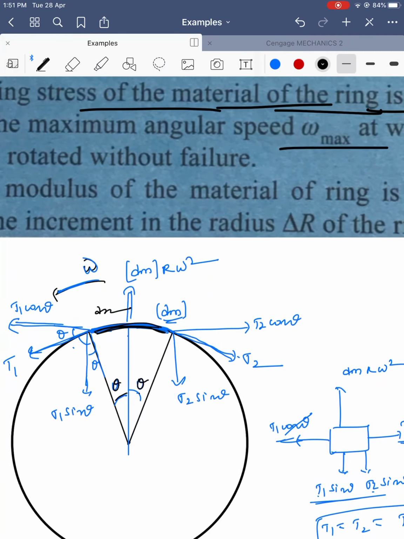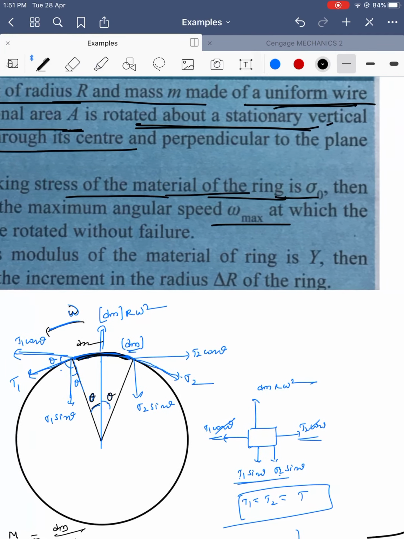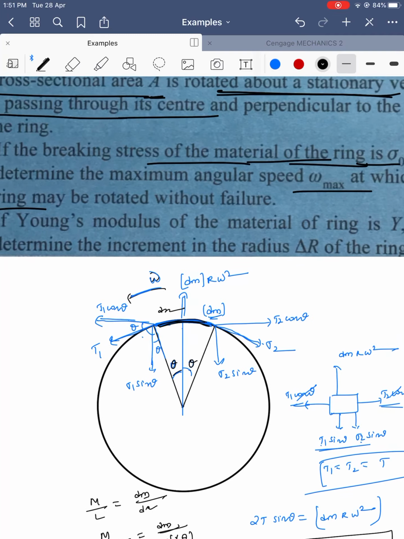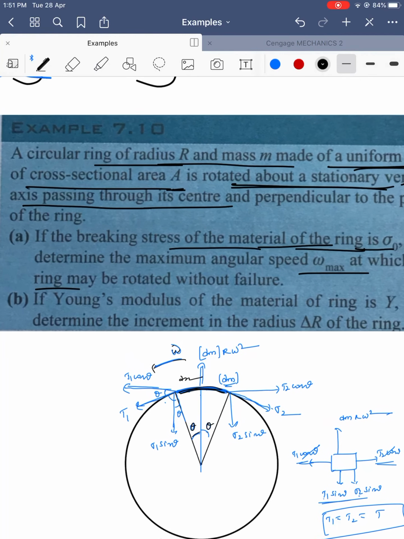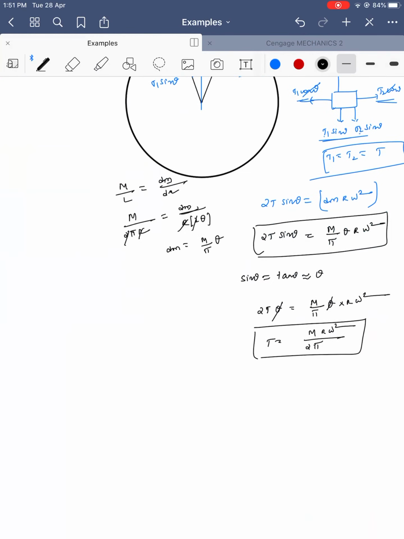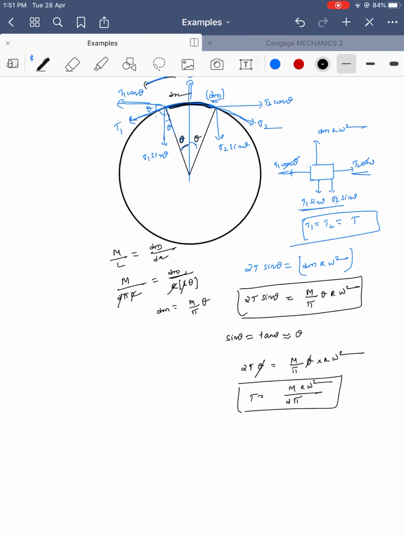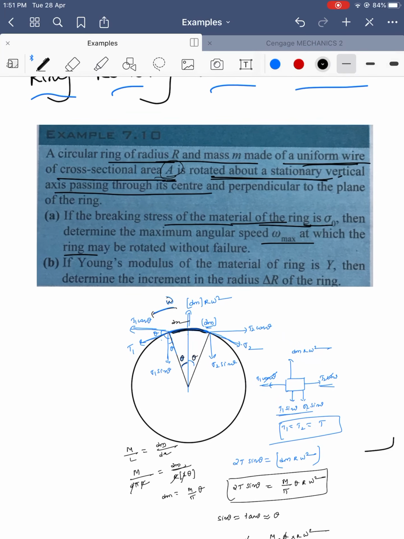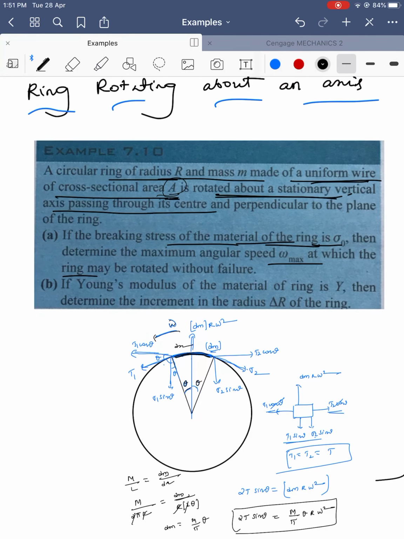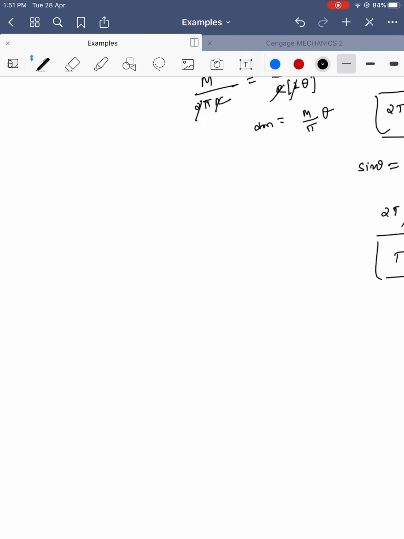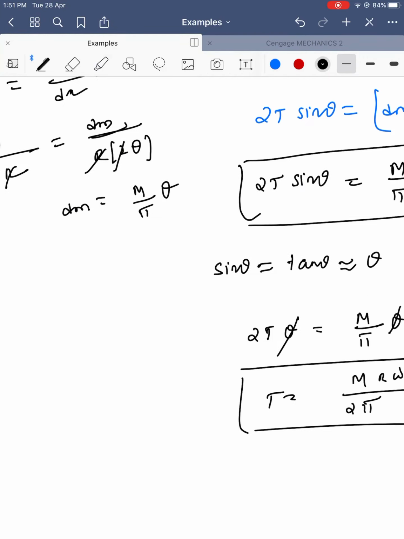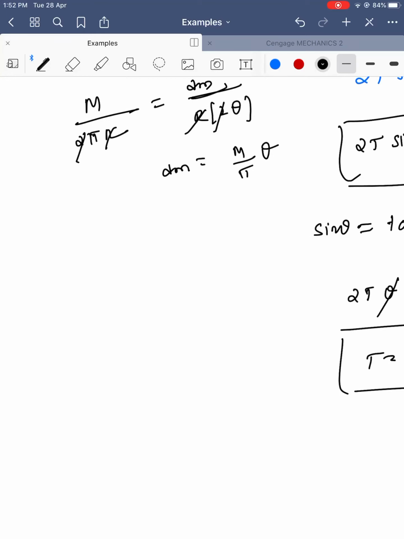What are the things given? Sigma naught and the cross section area A are given. Read the question also and note down the given part. When the cross section area is given, the maximum stress, sigma max, is equal to sigma naught.